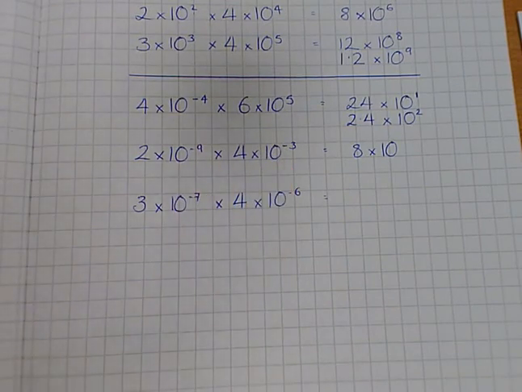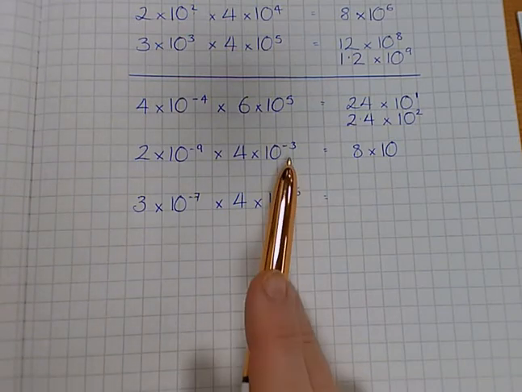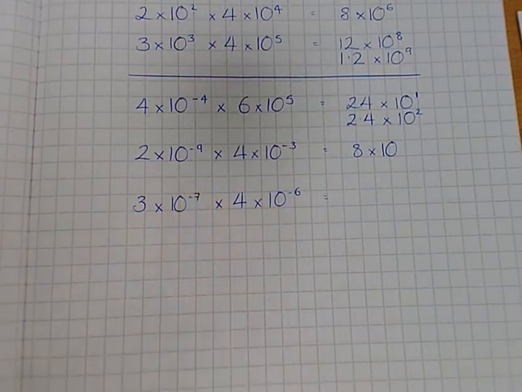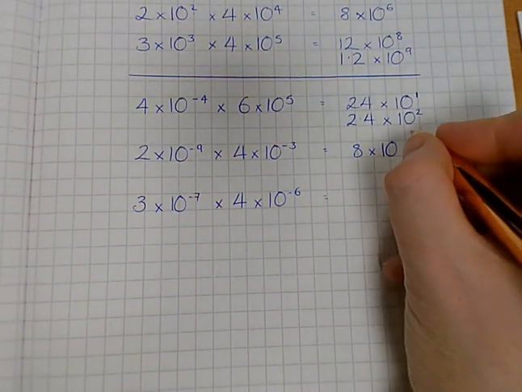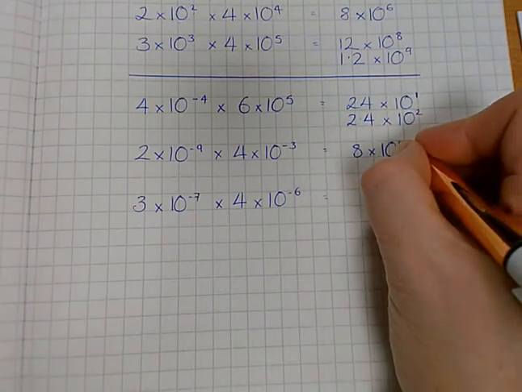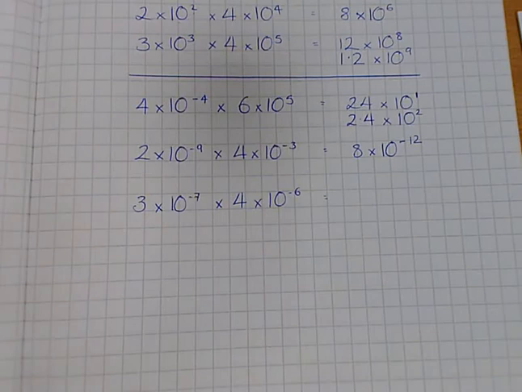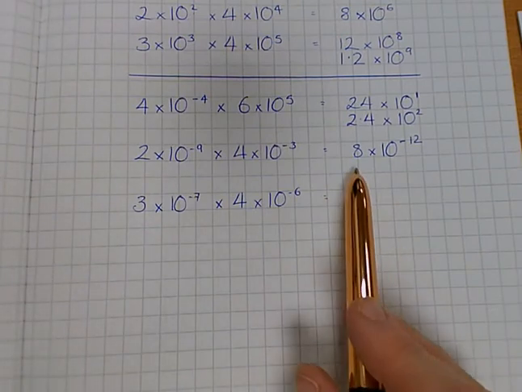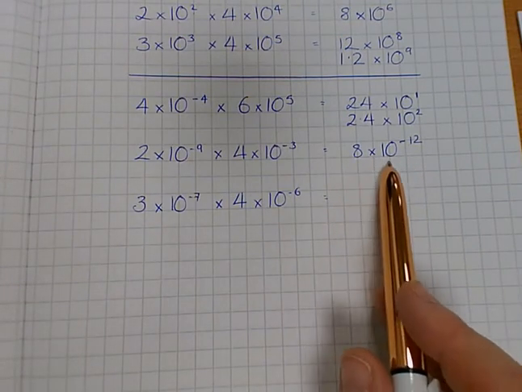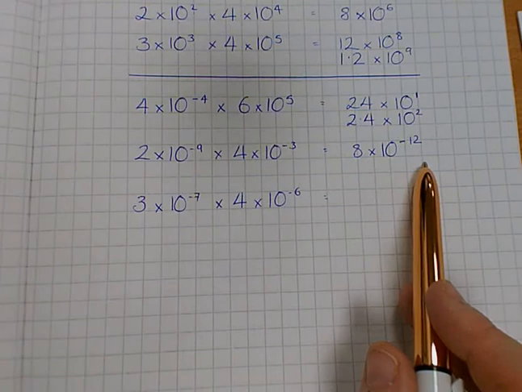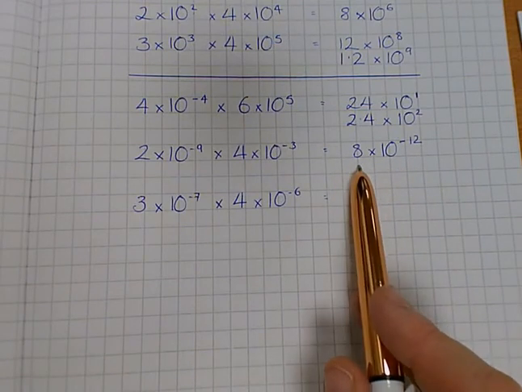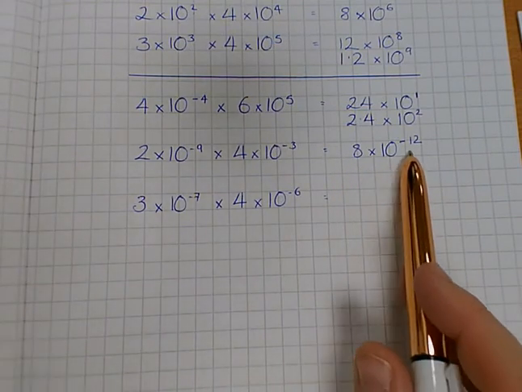But when we have negative 9 plus negative 3, I'm still going to subtract the 3 from the negative 9. So negative 9 subtract 3 is going to give me negative 12. This time I don't have to do anything because this one already satisfies the rules for standard form. This number's below 10, we've got times 10 to the power of something.